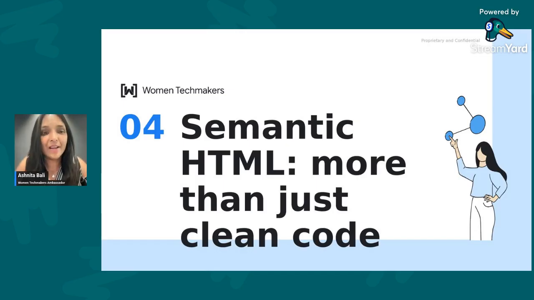When I first started learning about HTML, HTML5 had just come out. So there was a whole lot of discussion about the new semantic elements, the landmark elements such as main, aside, footer, nav, header.